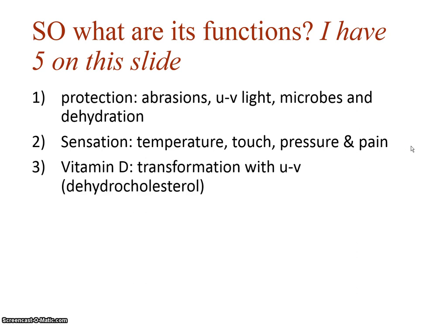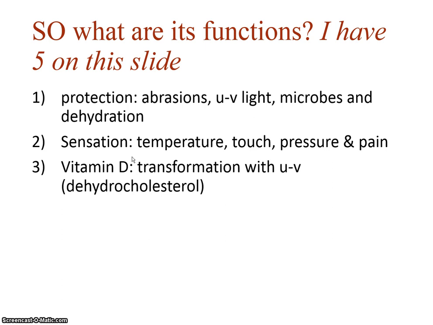It's responsible for transforming vitamin D, activating it. Okay, so there's this compound, again, based on cholesterol, because the dehydrocholesterol that is found in our skin, associated with the epidermis, is converted to a compound, a different chemical, when it is exposed to UV light.